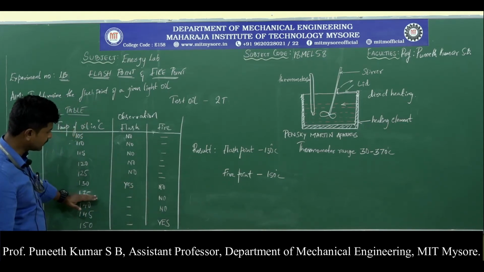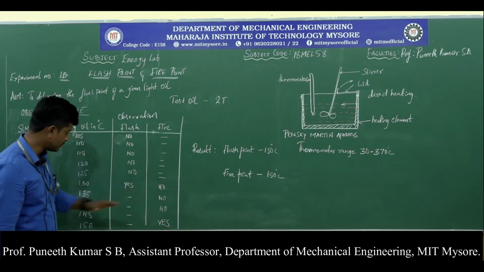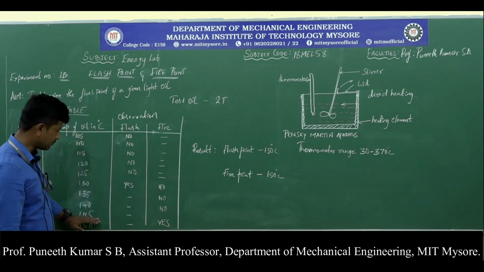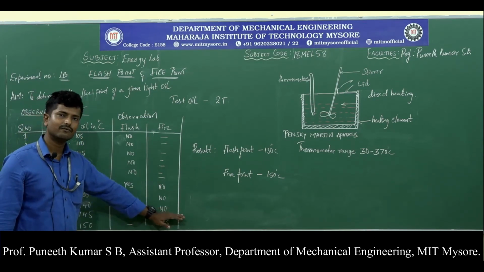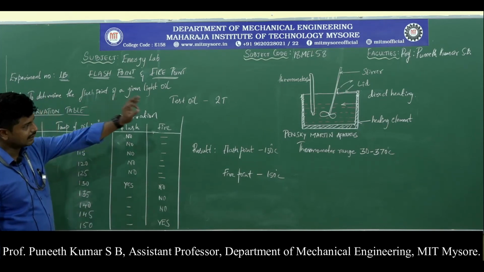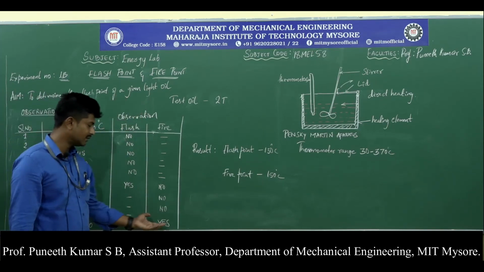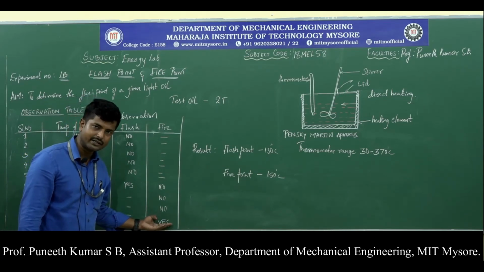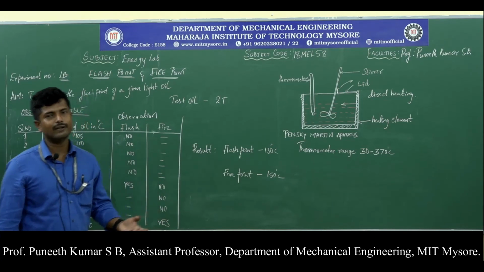At 135 there was no fire point. Once again we went for 140, still no fire point. At 145 still no fire point. At 150, once we took the test flame near the opening of the lid, the fire initiated. What is the difference between flash and fire point?